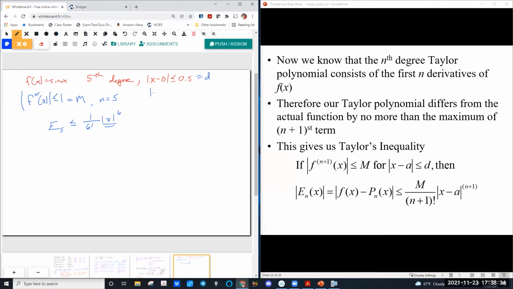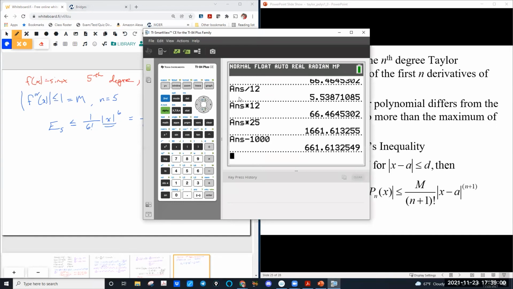This is saying the absolute value of x is less than or equal to 0.5. So what we're going to do is replace the absolute value of x with 0.5. So we get 1 over 6 factorial times 0.5 to the 6th. That is going to give us our error estimation.